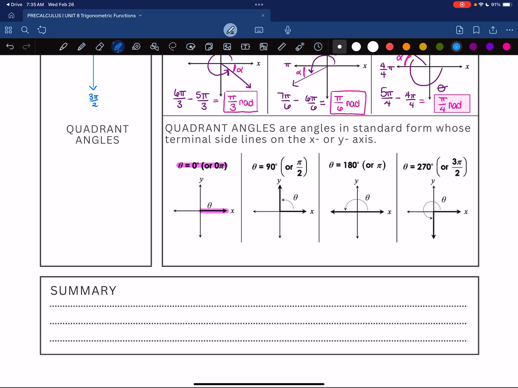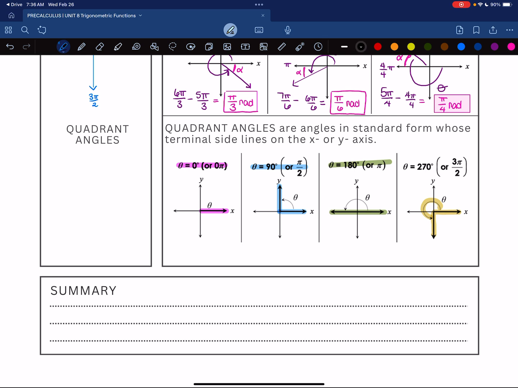Then if you instead rotate and have a terminal side here, that is at 90 or pi over 2. If you've rotated so that you have a straight angle like that, that is 180 or pi. And then last but not least, if you rotate this much, that puts you at 270 or 3 pi over 2. I guess not listed here is if you would have gone all the way around, which we can add to our statement here.